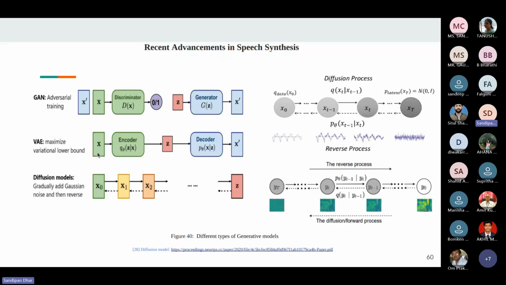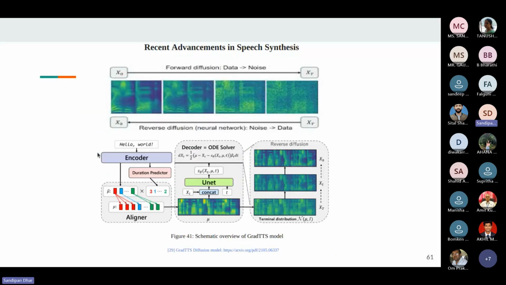The model itself is sufficiently capable of doing the forward and reverse diffusion. At every timestamp, when it tries to re-approximate the noise it added, it basically tries to find the perfect estimation of the skeleton of the distribution. Now, this diffusion model was initially used for image synthesis tasks.